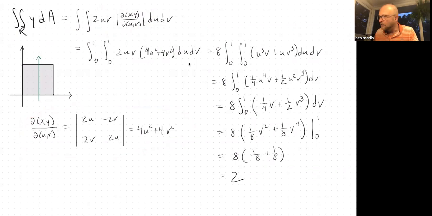I didn't copy it over from the other page, but across the top here, we're doing the derivatives of x. x was u squared minus v squared. Derivative of that with respect to u is 2u. With respect to v is minus 2v. Then y was 2uv. Derivative of that with respect to u is 2v. With respect to v is 2u.